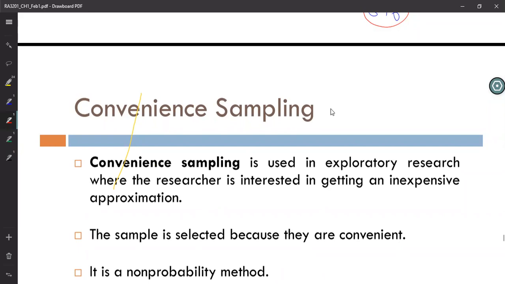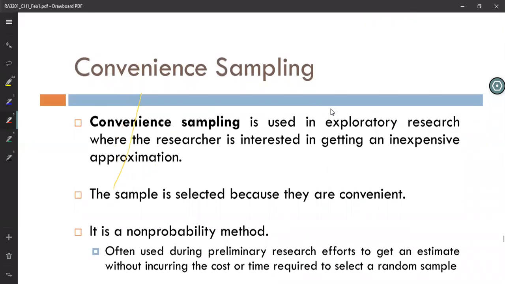So these are actually not very good sampling techniques, but sometimes you cannot go for probabilistic sampling due to the behavior of the population. In that situation, we go for convenience sampling. Most of the time in medical research, if we have to do it in a very small time period, we go for convenience sampling.